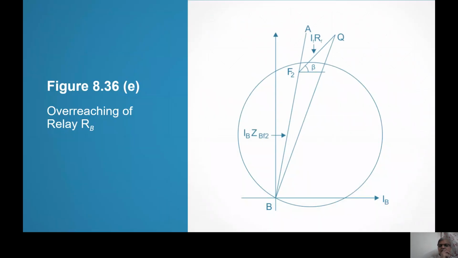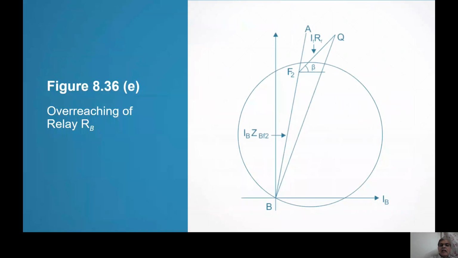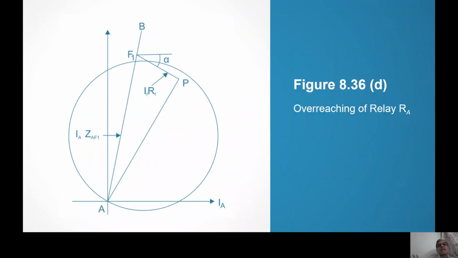So what is the solution? The solution is don't use mho characteristic, don't use reactance characteristic, but use ohm characteristic. Say F2Q, that line is ohm characteristic. For NB, and for NA you use F1P, that line.